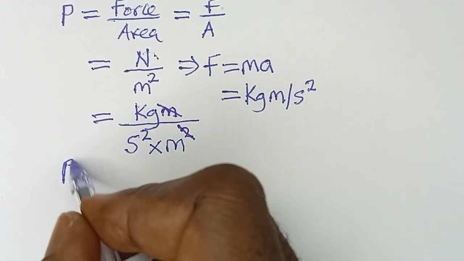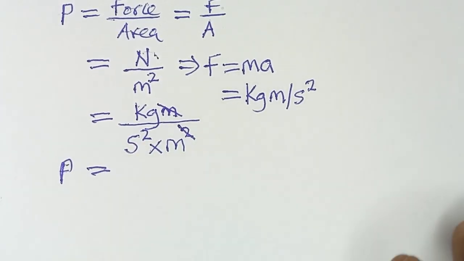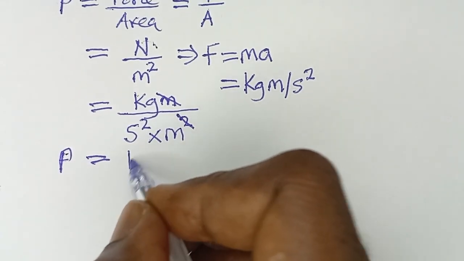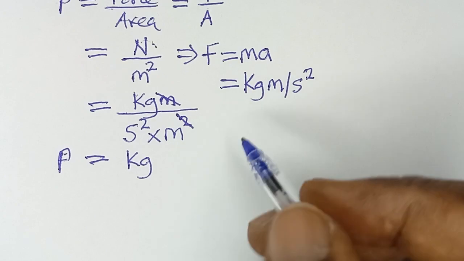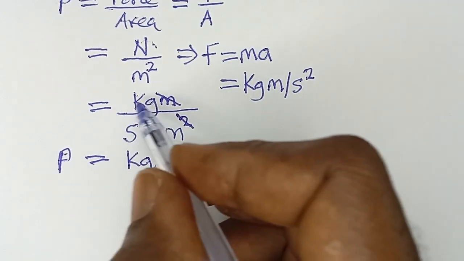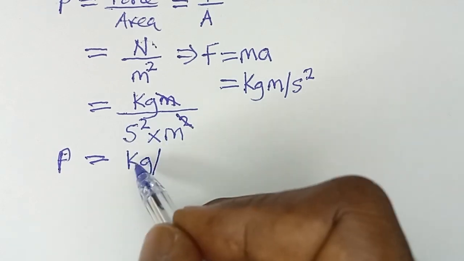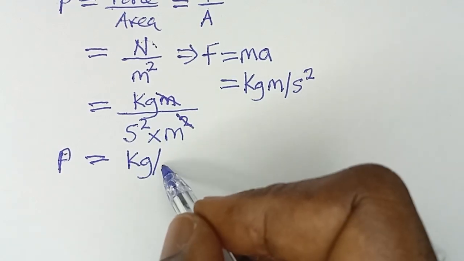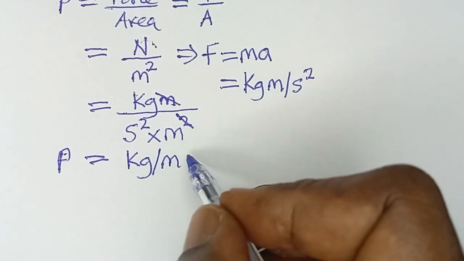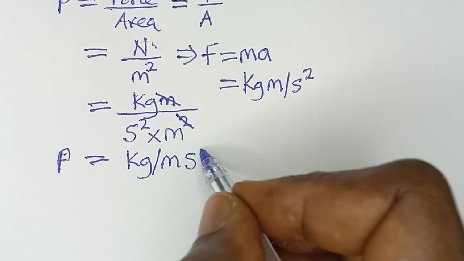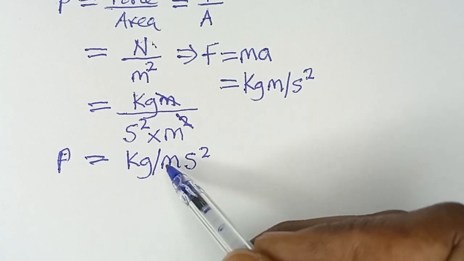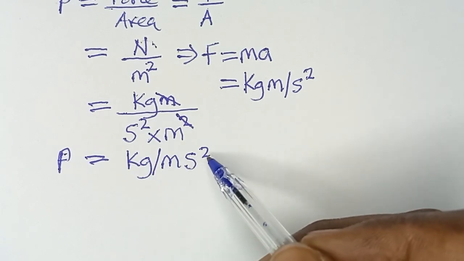So I can now write P is equal to the kilogram divided by the meter, because don't forget this kilogram is up and these two are down. So I use per, which is division, divided by the meter because we only have one m left, and then also divided by the second square. So this over here means kilogram over meter and the second square.